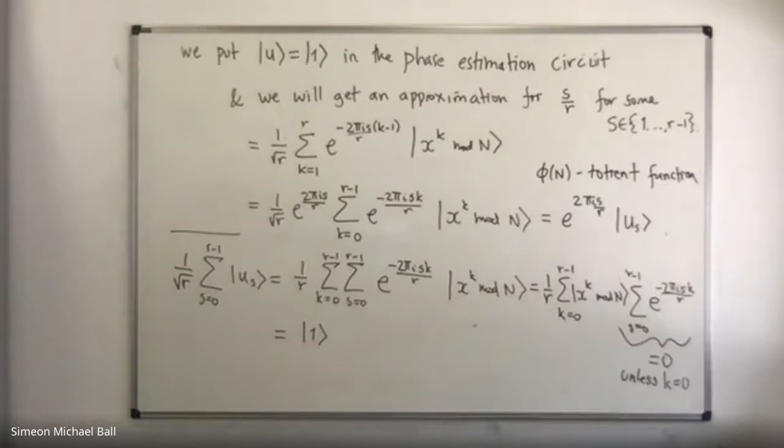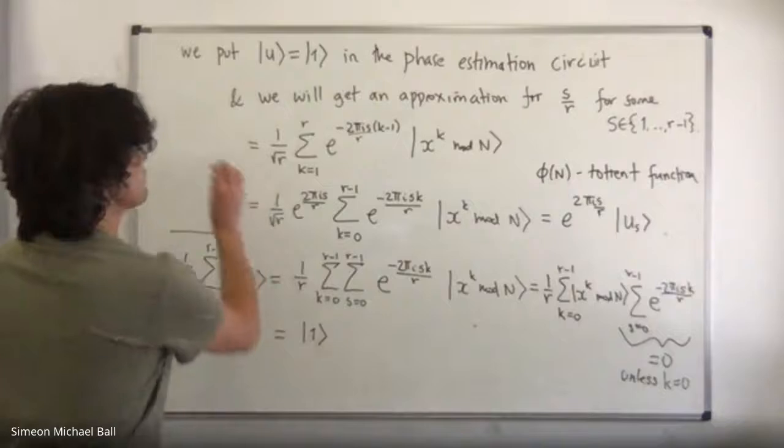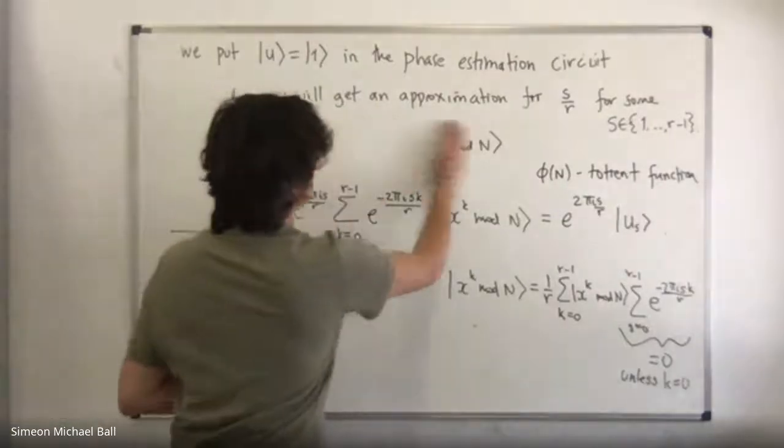Now, as I mentioned before, the T which was going to give us how close our approximation is, we can choose arbitrarily.